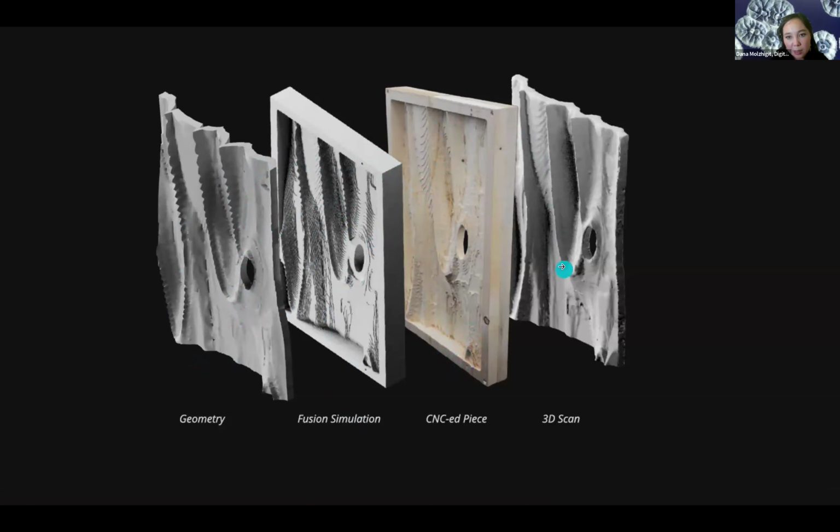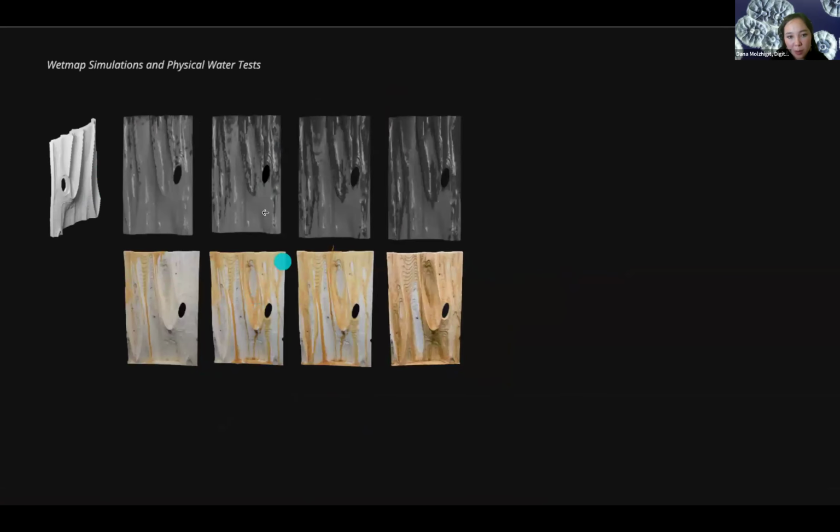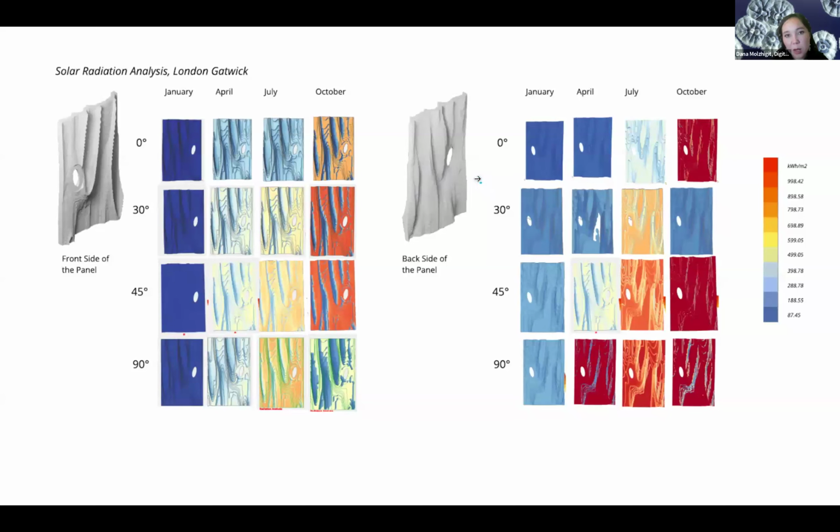Then we 3D scanned it and did the wet map test. It was quite similar to the digital test that we have done. Therefore, we can say that even with bigger panels and bigger structures, we can approximately say where the wet parts will be. So this is without wind, again, the rain analysis.